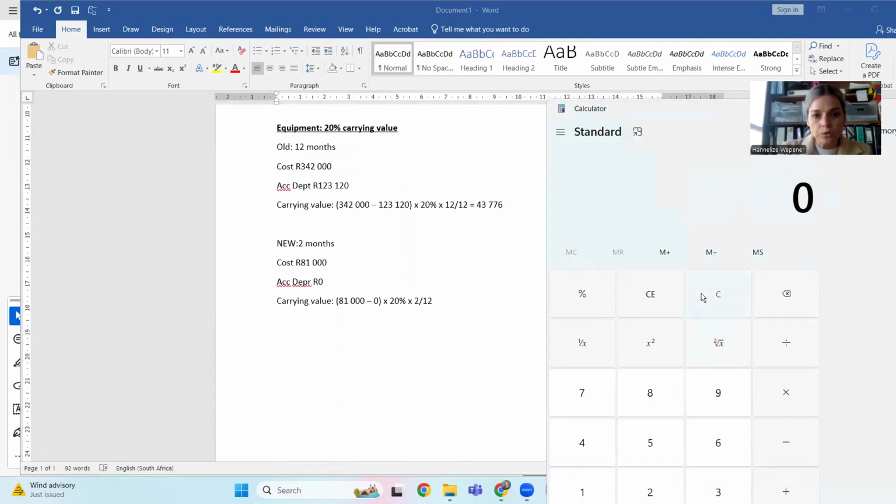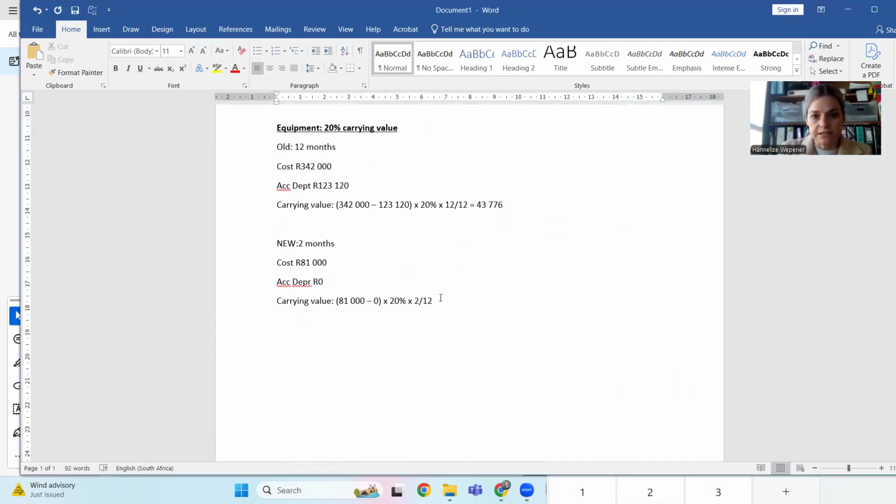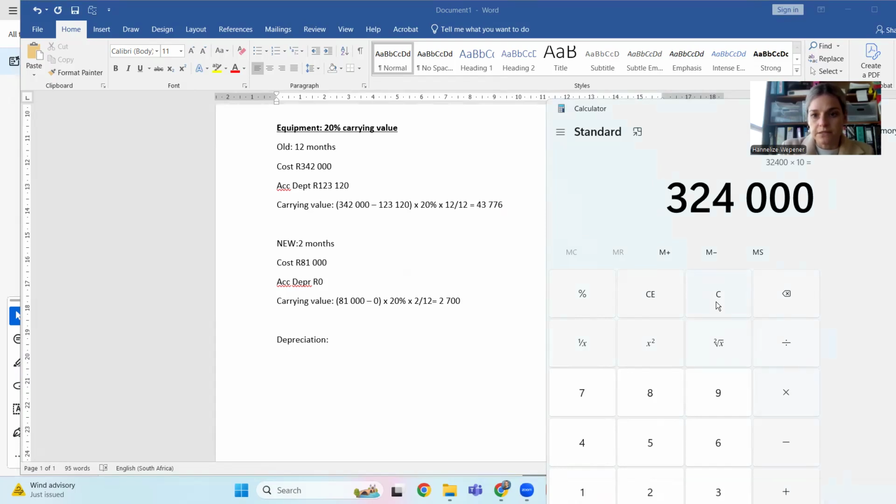Then you also purchase some new equipment, also depreciation at 20%, but only for 2 out of the 12 months. So that is then 2,700. So therefore, the total depreciation on my equipment was 43,776 plus 2,700.